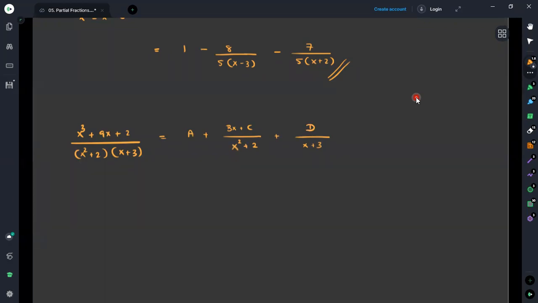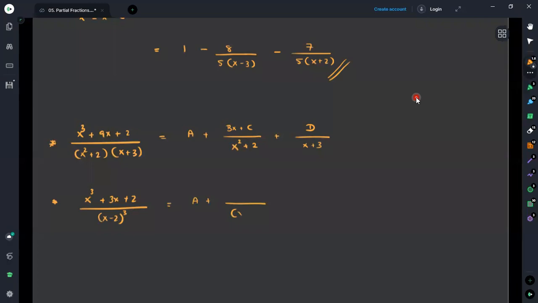The next way is for problems related to improper algebraic fractions having equal degrees. Suppose it is x cubed plus 3x plus 2 over x minus 2 cubed. Here we can see that the degrees are equal in the numerator and denominator, therefore a constant has to be used.